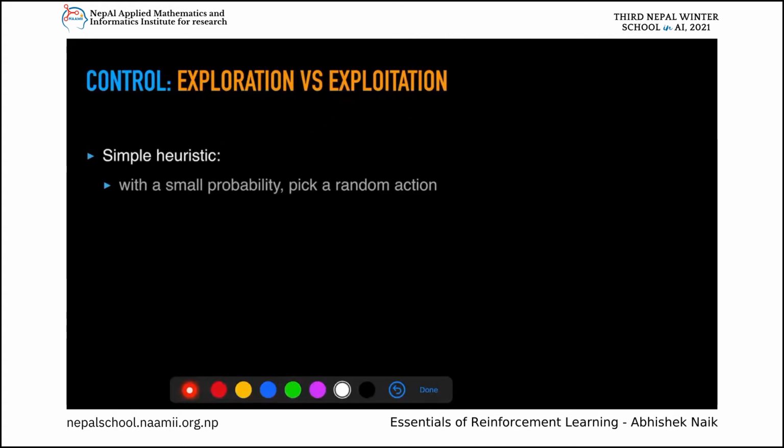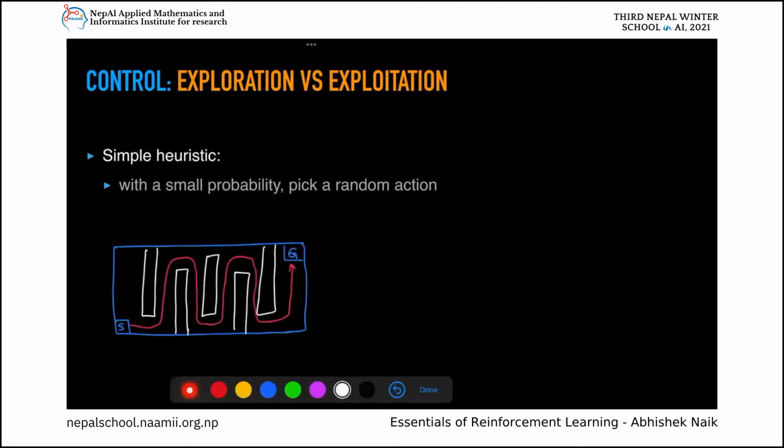let's try to think of this in the context of some problems. So let's say we have this maze in which we start from some starting state S and need to go to some goal state. These white things denote walls. Now, let's say this is the path that the agent has found so far. Every time I initialize the agent here, it quickly goes through this path.